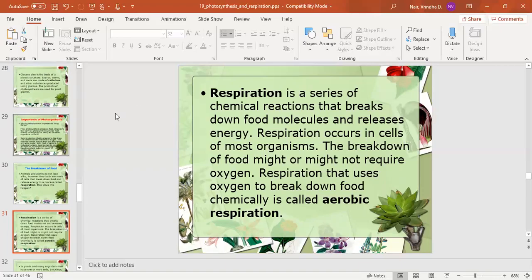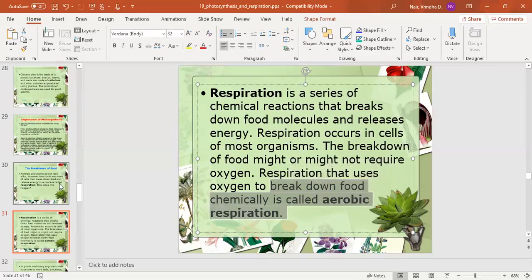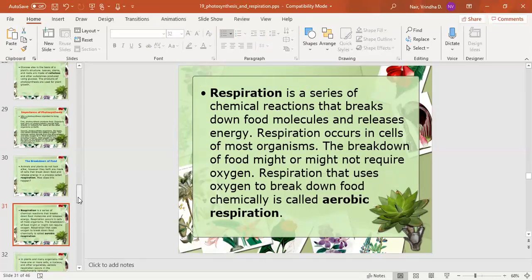Now, respiration, and this part has already been told over here. The breakdown of food which requires oxygen is called aerobic respiration. We don't have to go in depth with it. We just have to have an understanding of what aerobic respiration is.